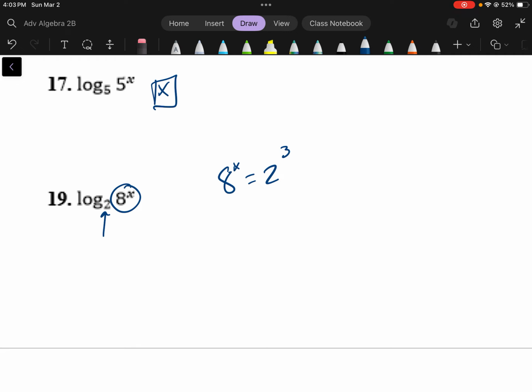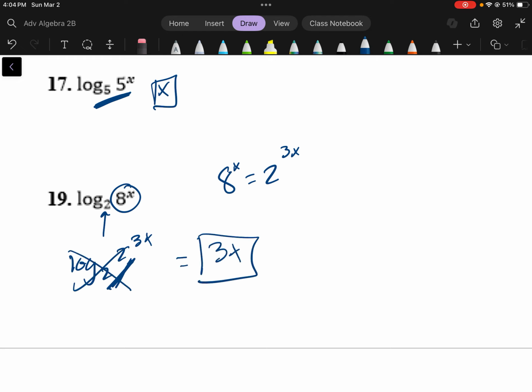So 8 to the x is the same thing as 2 to the 3x. And so what ends up happening is I can rewrite the whole thing as log base 2 of 2 to the 3x. And now, just like we did up here on 17, since these numbers are the same, everything cancels, and the final answer is 3x for this as well.